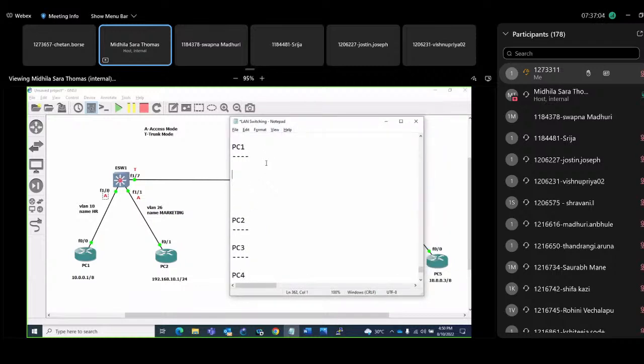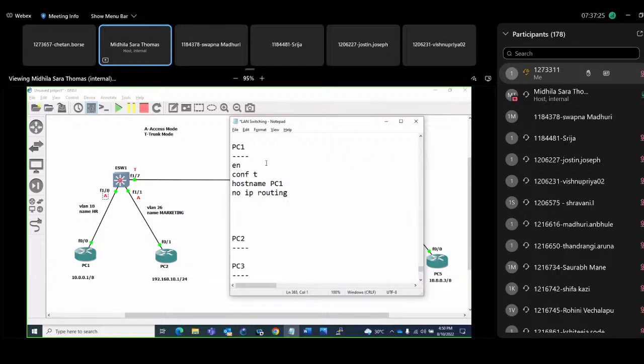I'm starting from IP address assignment. Enable, global configuration mode. Change the host name to PC1. Then what did I say? I have to make it a PC. What is the command to make a router a PC? No ip routing.